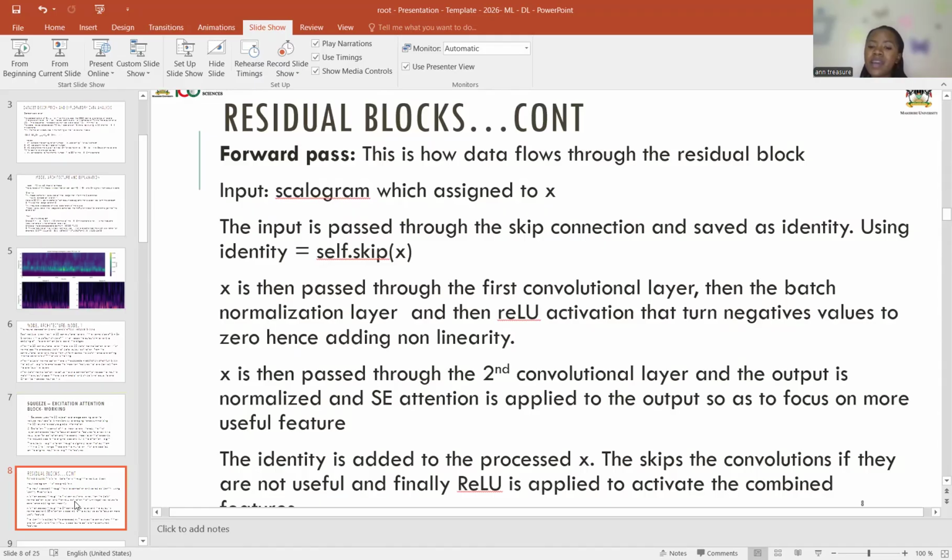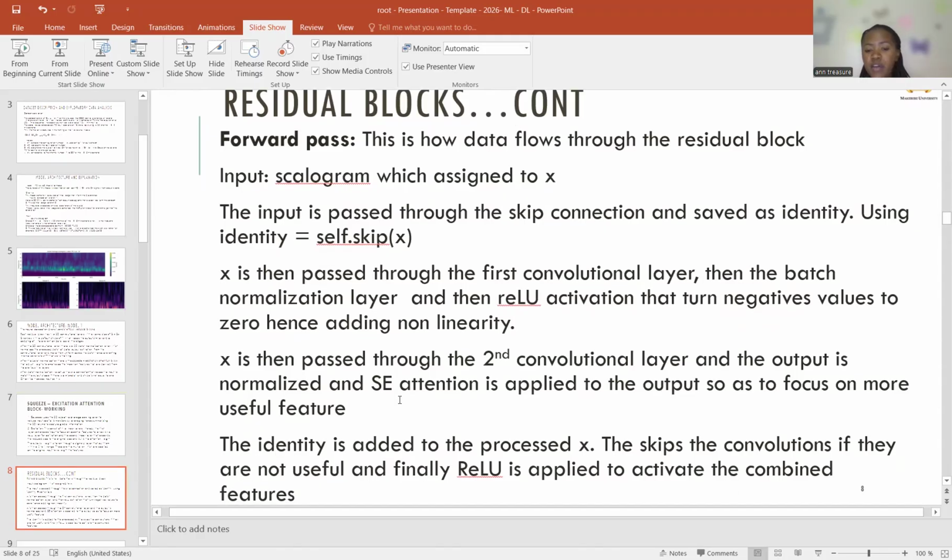So this skips the convolutions if they were not useful. And finally, the ReLU is applied to activate the combined features. So the identity is there in case the convolutions did not produce any useful features, so that the data is returned as it is. It is still saved as the identity and is added to the processed X.